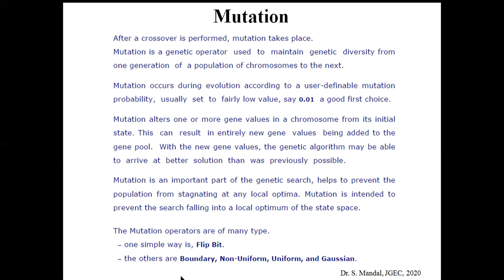Generally, the mutation operator is applied after the crossover, and it is also defined by the user. That means how much mutation will be taken also depends on the user. Basically, the mutation probability is set very low, like 0.01.